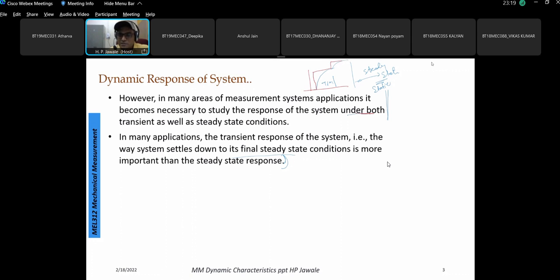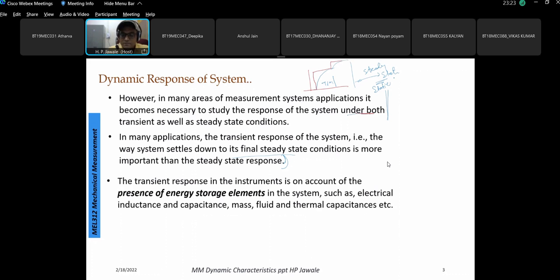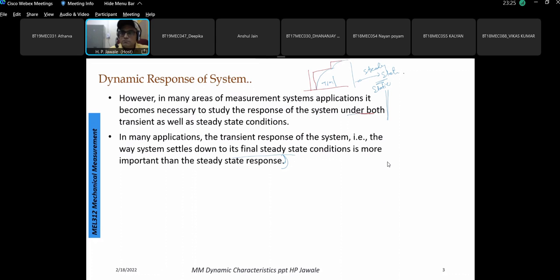So these are the static characteristics that give the response of the measurement system after a very steady state is obtained. This is what we have studied already. All the properties that we have studied in your experimentation, calibration, and so on, the practical experiments that we have conducted, corresponded to the static characteristics of the system.